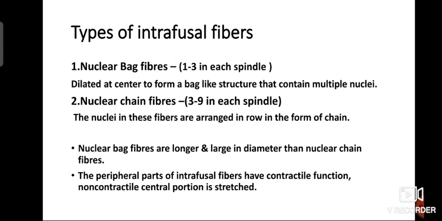The nuclei in these fibers are arranged in a row in the form of a chain. Nuclear bag fibers are longer and larger in diameter than nuclear chain fibers. The peripheral parts of intrafusal fibers have contractile function, and the non-contractile center portion is stretched. Why is the center portion non-contractile? Because there is an absence of the contractile proteins actin and myosin.